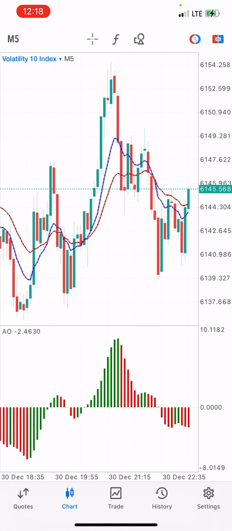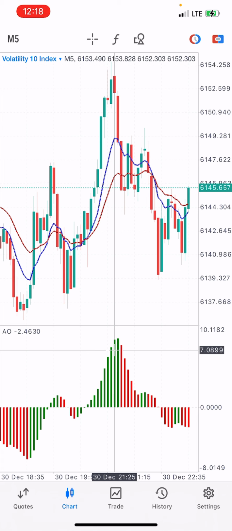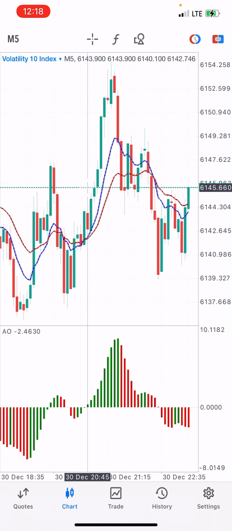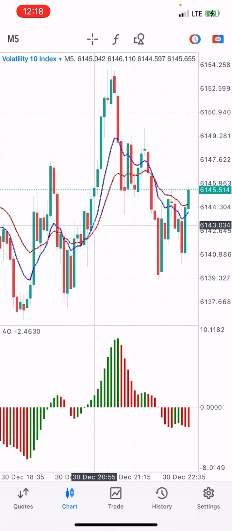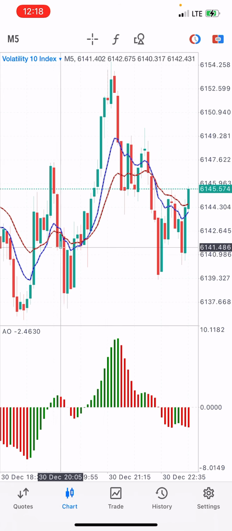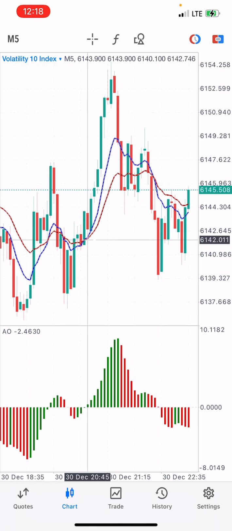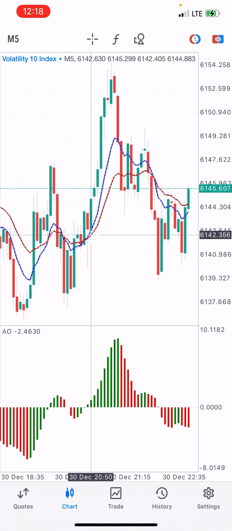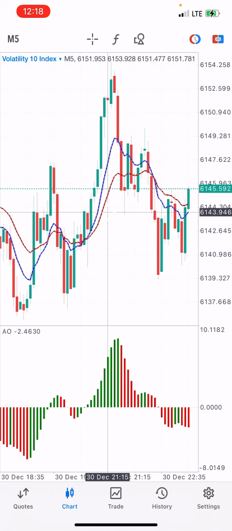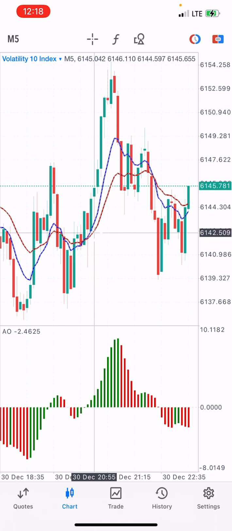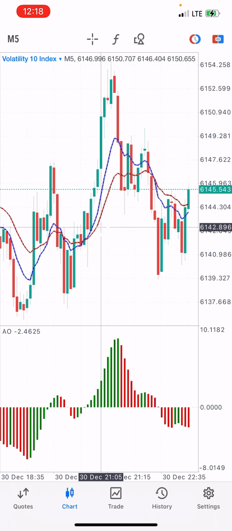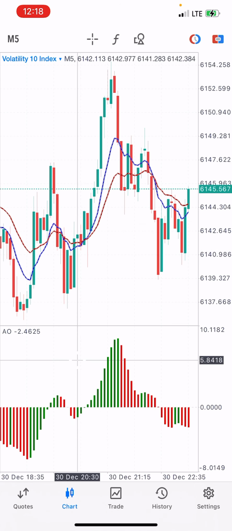So now, how do you place a buy with this strategy? When you see the blue moving average cross above the red moving average, it indicates a buy. That is your first condition to place a buy.